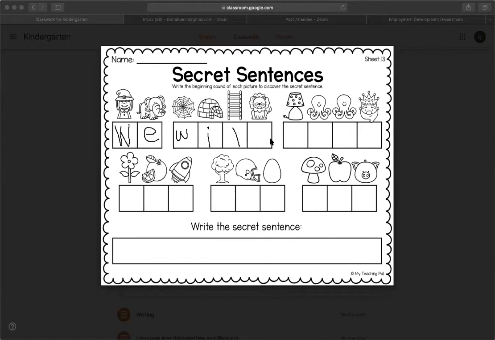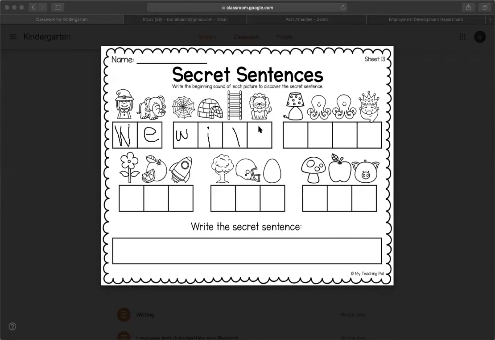And Jax, can you tell us what the next picture is? Dylan, can you tell us what the next picture is? Lion. And what letter sound is that?